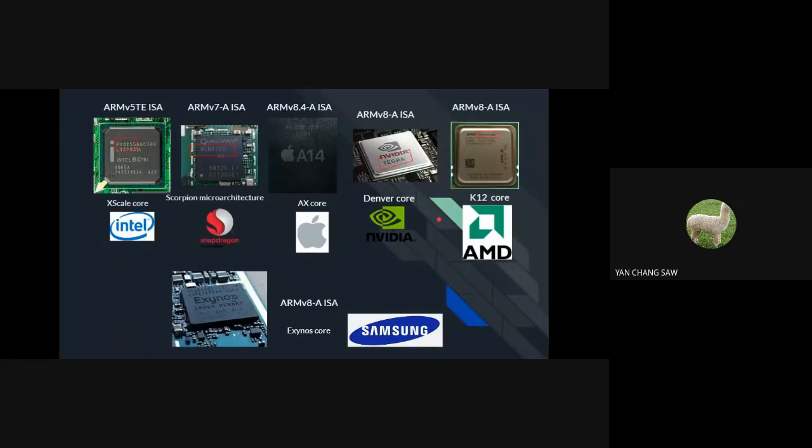The Opteron series of processors under the K12 core family, also designed by AMD, uses the ARMv8-A instruction set architecture. Last but not least, Samsung. The Exynos core family is designed using the ARMv8-A instruction set architecture.